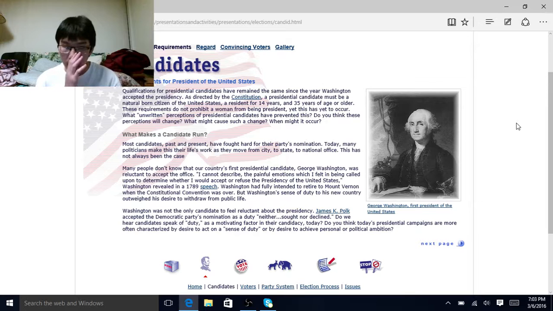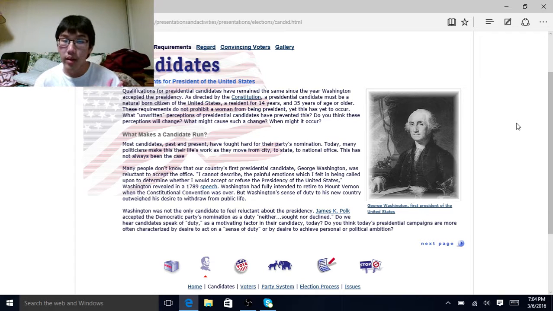Okay, so from this source, and we could look at other sources as well, but this is the most trustworthy source I can think of right now because it ends in .gov. So according to this site, the only requirements to become a candidate for President of the United States is being a natural-born citizen of the United States, being a resident of the United States for 14 years, and being 35 years of age or older.